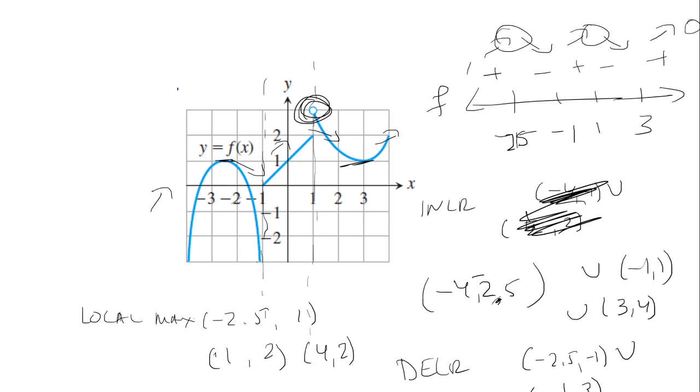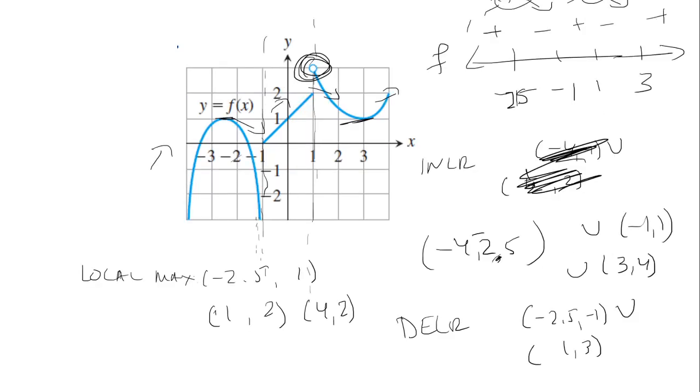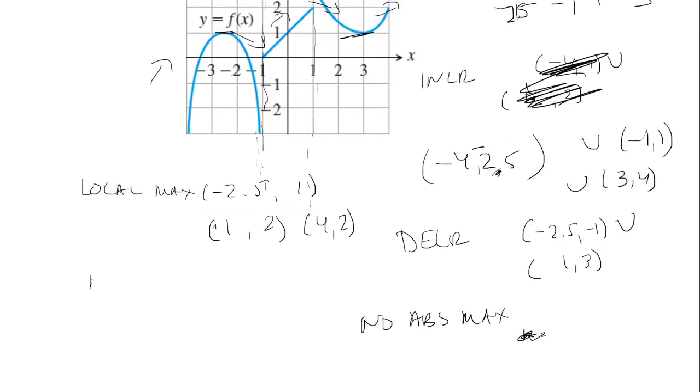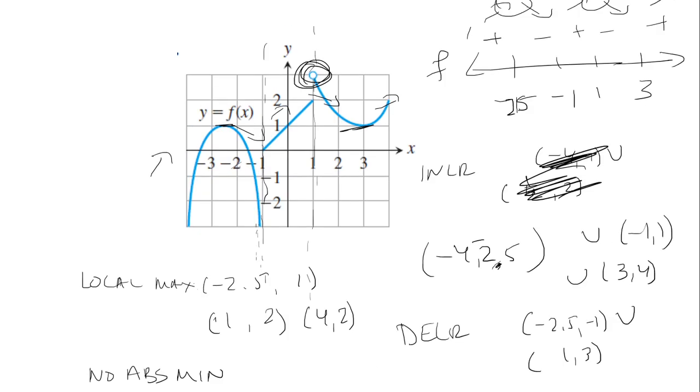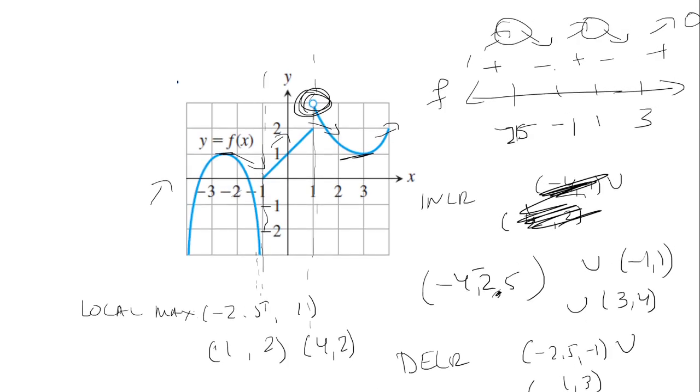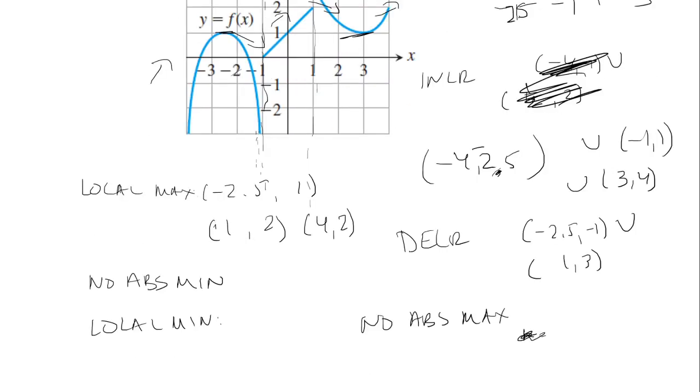As we can see, this goes on forever. So technically it would be negative infinity, but that's not a number. And then finally, the local min, we need to change from decreasing to increasing. That's going to be at -1, 0 and 3, 1. So that completes the problem.